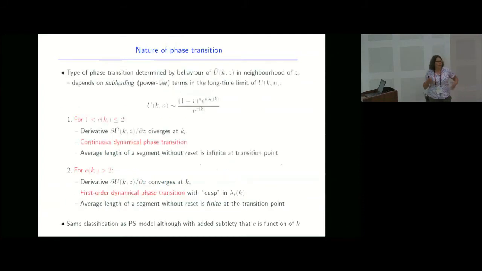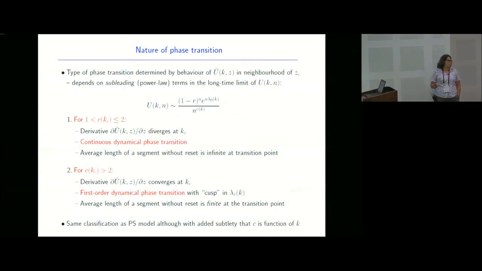You can do a bit more than that. You can characterize the phase transition. And the type of the phase transition is determined by the behavior of u tilde in the neighborhood of its boundary convergence point. In particular, as we anticipated at the beginning, it depends on subleading power law terms.